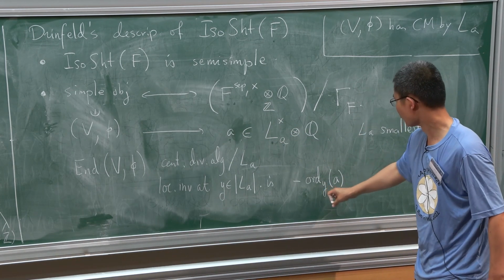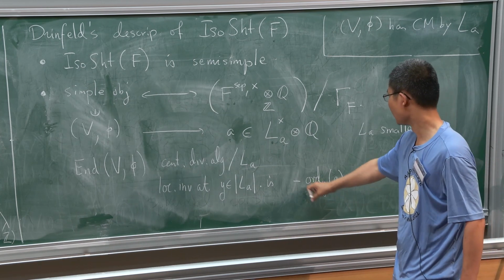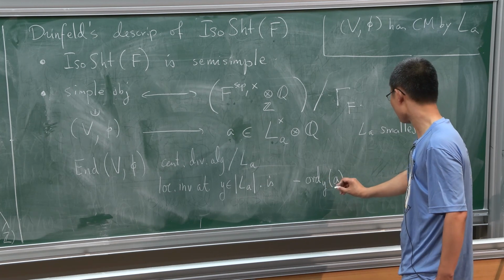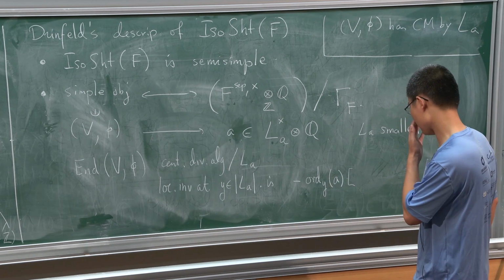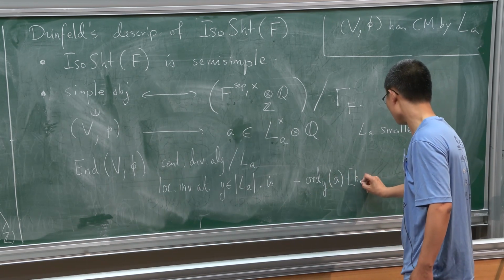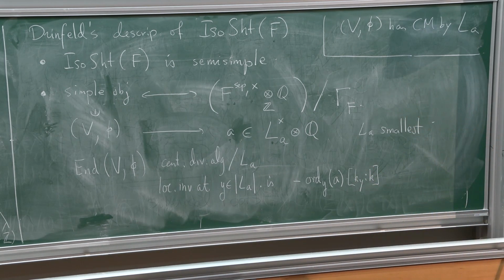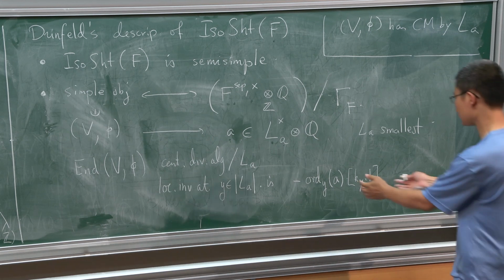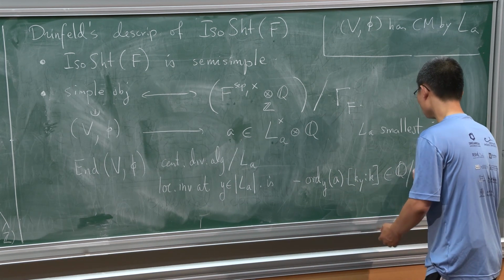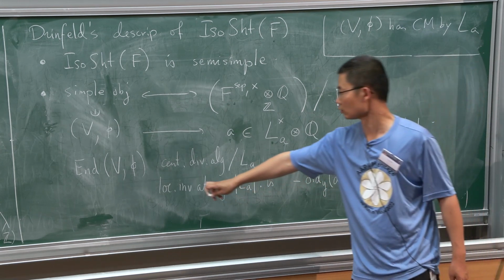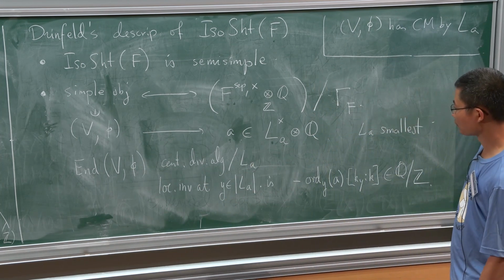So it has a vanishing order or pole order at every place of L_A. That's a rational number. And then you multiply with the degree of the residue field extension. Again, that's some rational number. That's the local invariant of this central division algebra.